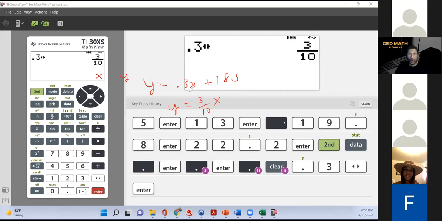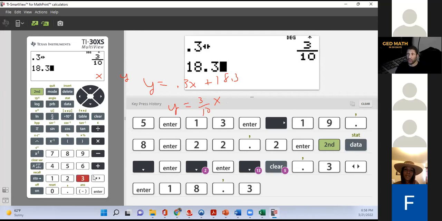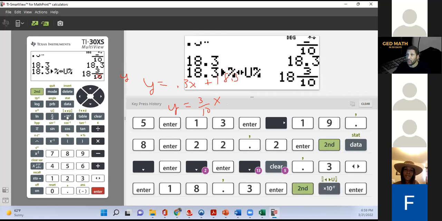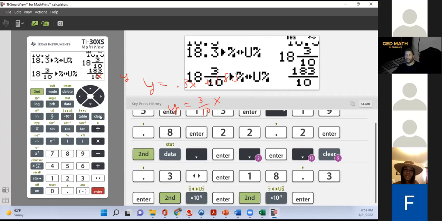Let's change 18.3 to a fraction. Well, understand 18.3 is 18 and 3/10. So my mixed number turns into an improper fraction. So if it's in fractions, I could put 3/10 x plus 183 over 10.